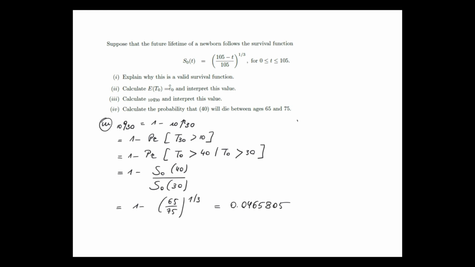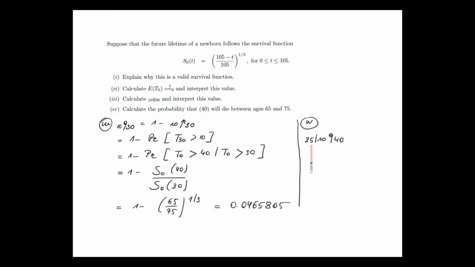And to conclude, let's look at the last question. Here we are asked to calculate the probability that a 40-year-old will die between ages 65 and 75. So we can write that as a deferred mortality probability. So you look at a 40-year-old, right? A 40-year-old will first survive until age 65.